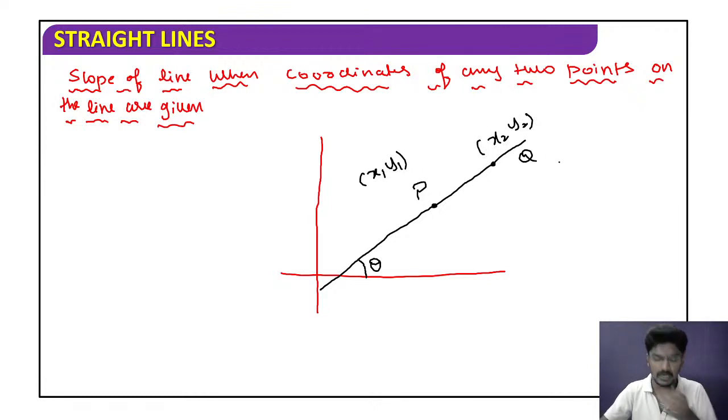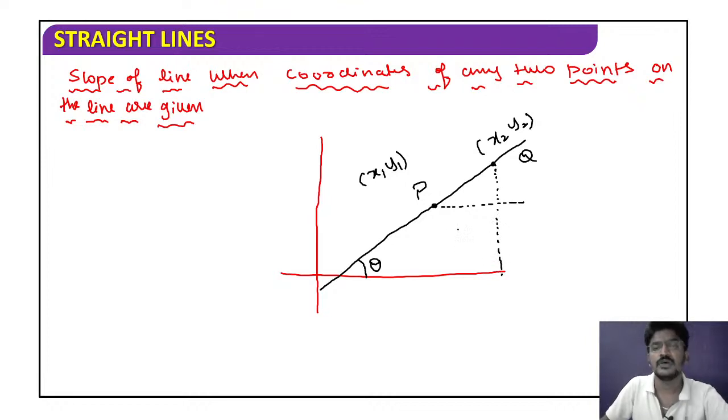So here we are seeing how tan theta is going to be the slope. Okay, so for that you can just see, take a line making an angle theta with x-axis, choose 2 points P and Q on the line. Now you just see, I am going to join this.